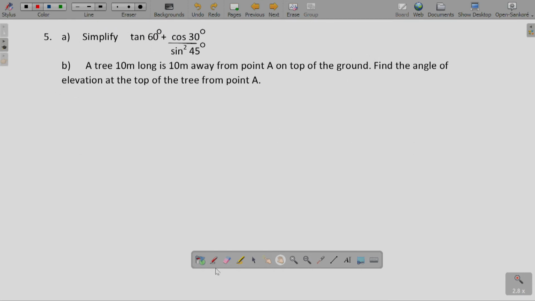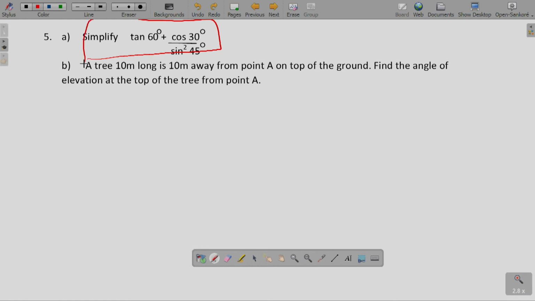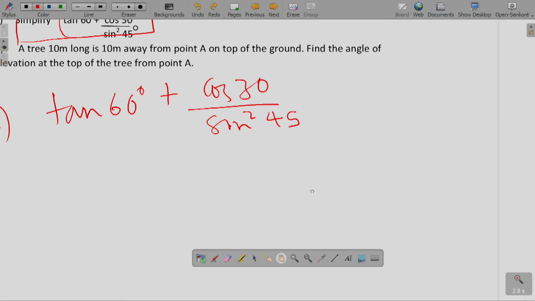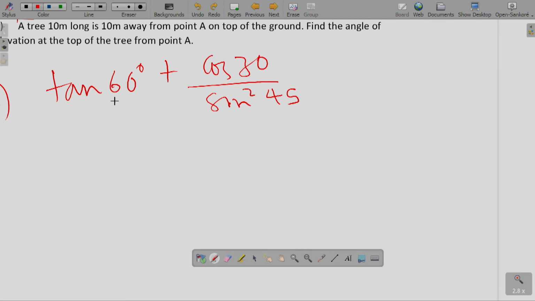The question says simplify this expression, or we have to calculate the value of this term. So we have tan 60 plus cos 30 over sine square of 45. So here we have common angles. Let's try.